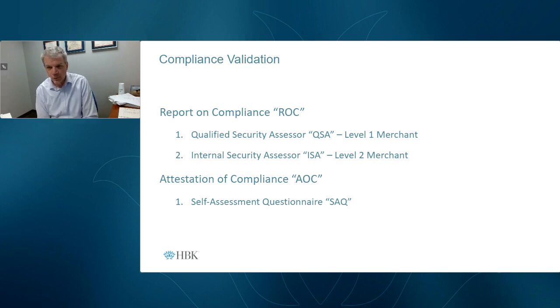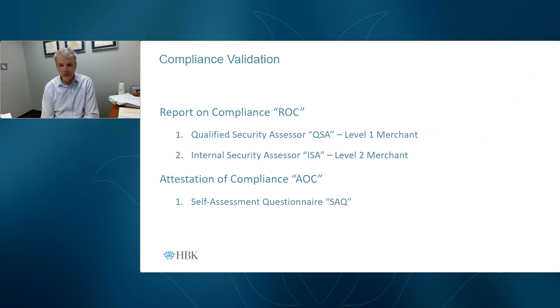If you're a level 1 merchant, they have to validate your compliance with PCI through bringing in an independent qualified security assessor, which is controlled by PCI on what their capabilities are and that they're up to speed to where they should be.